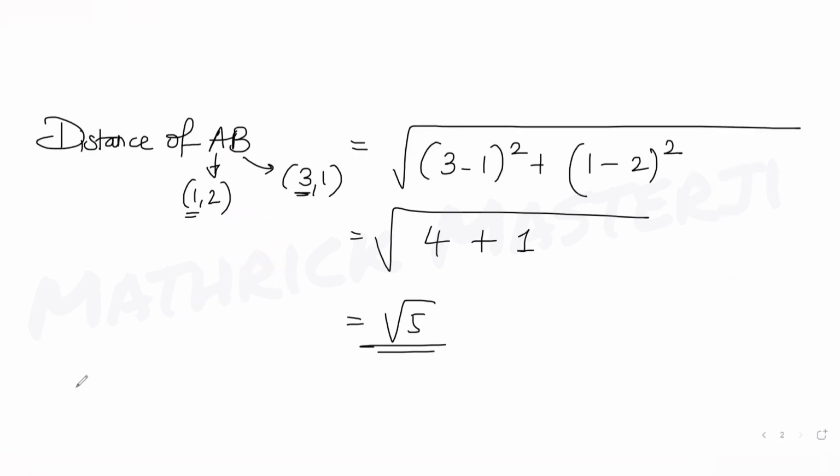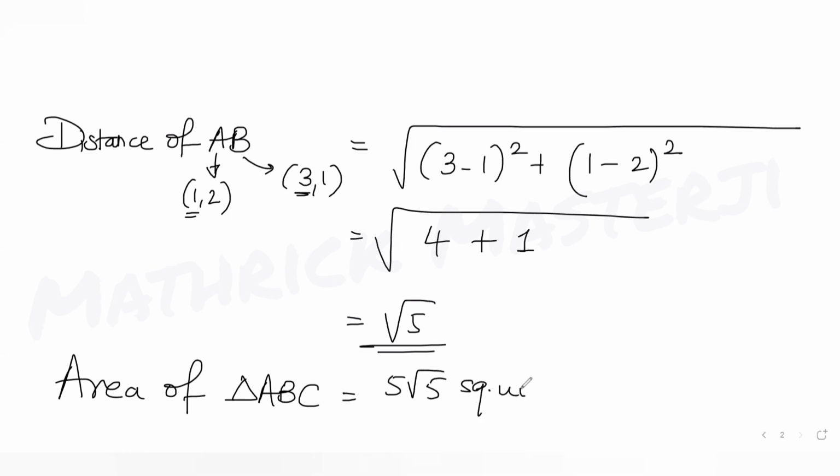Now once I have that, the area of triangle ABC, we know, is 5 root 5 square units. If I apply the idea, the area of a triangle is half into base into height, that is equal to 5 root 5.